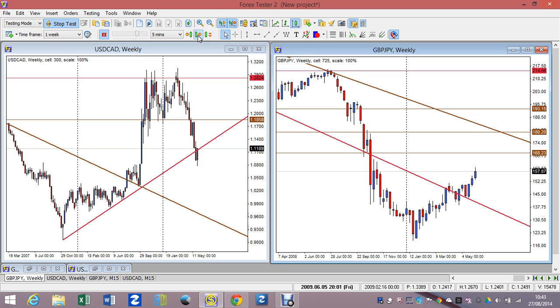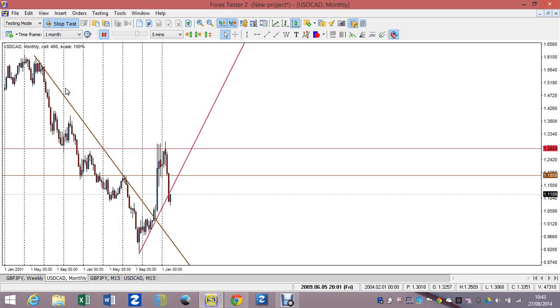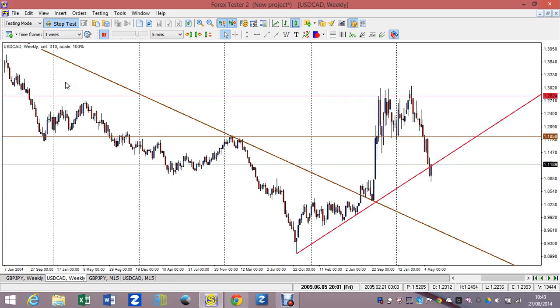Okay. But there is the monthly looking pretty bearish. Strong weekly preceding trend.